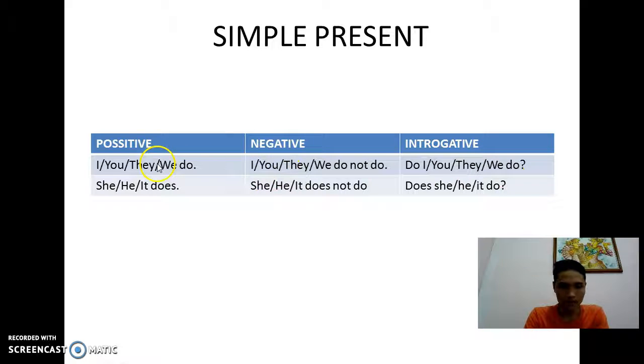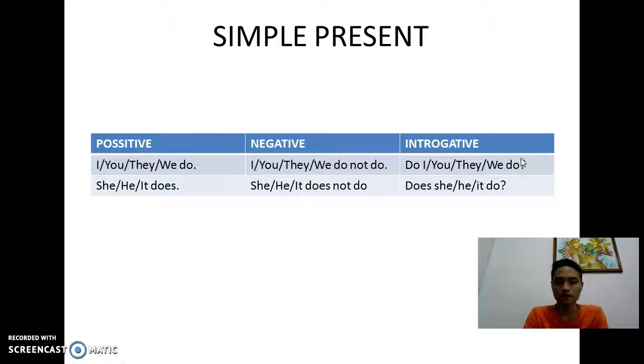And then the last examples, from the positive forms first: she does, he does, it does. And then the negative forms: she does not do, he does not do, it does not do. And then the interrogative forms: does she do, does he do, does it do.